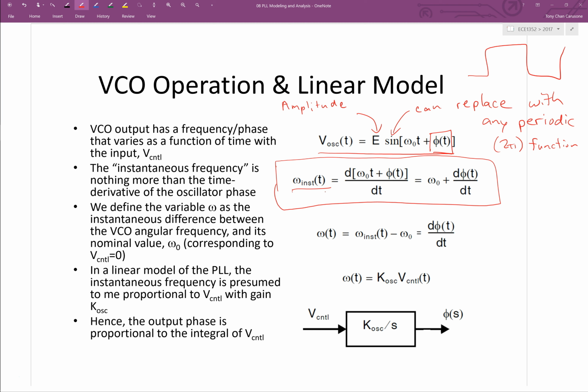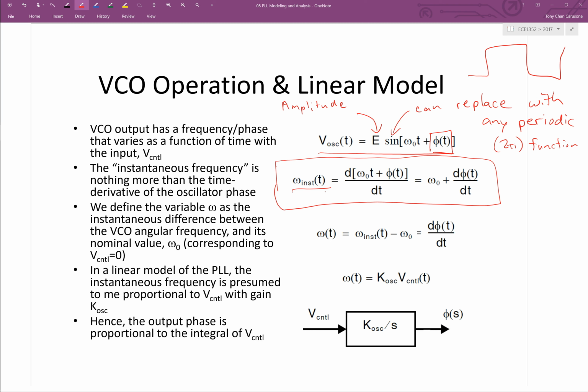It can be a little tricky to define the frequency of an oscillator whose frequency is constantly changing, right? I mean, usually you kind of want to look for a little while and average out the frequency to know what it is. So how do we define it? Well, we can define it by just saying it's however fast the phase is varying. It's the time derivative of the phase.